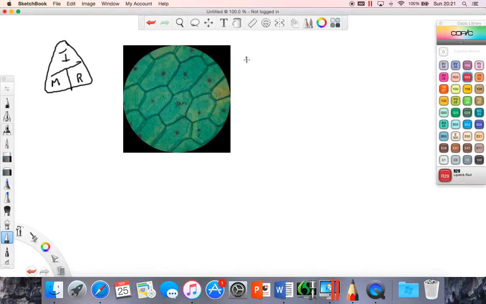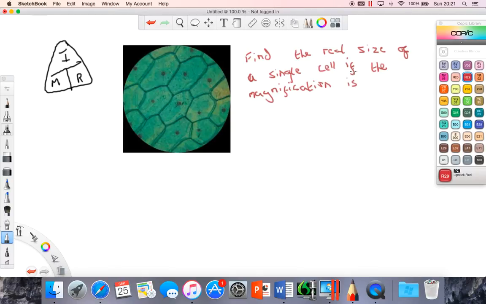So find the real size of a single cell if the magnification is 10,000.